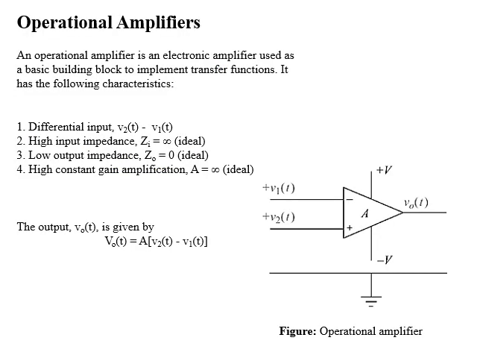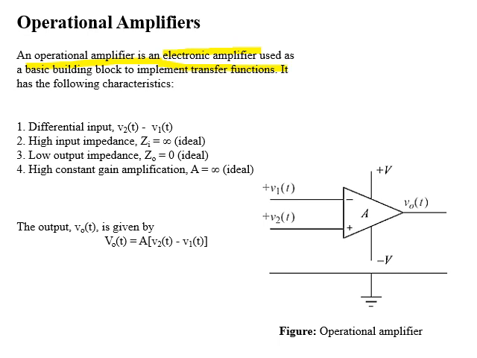Dear students, now we'll start our operational amplifiers. I will give you just a brief overview of operational amplifiers. Operational amplifier is an electronic amplifier used as a building block to implement transfer function.